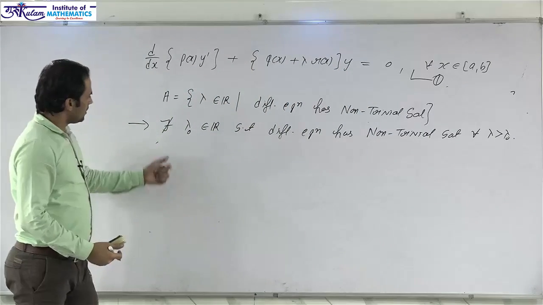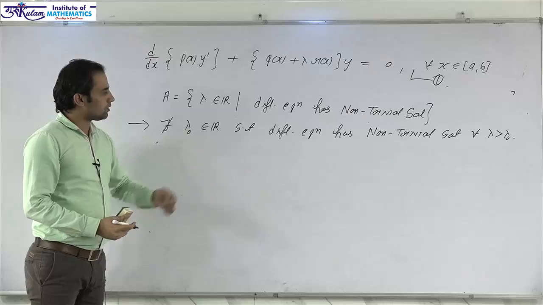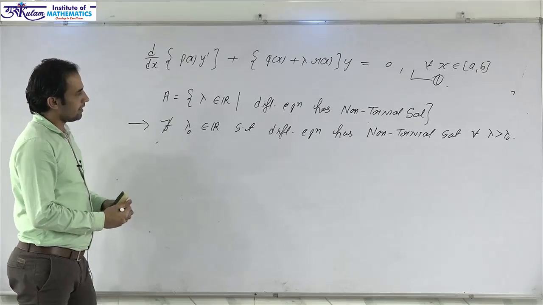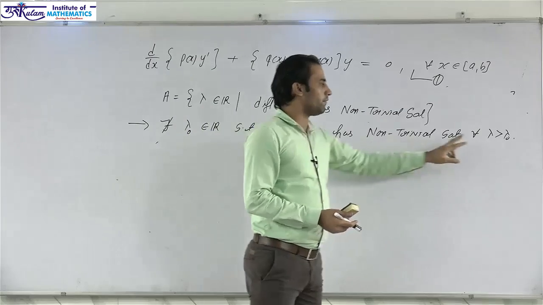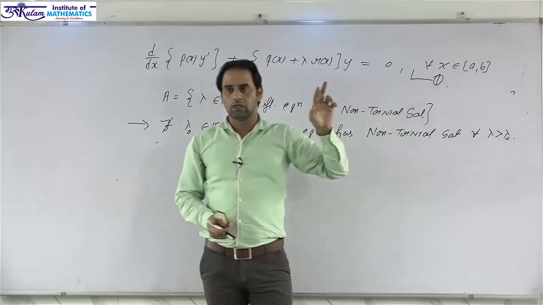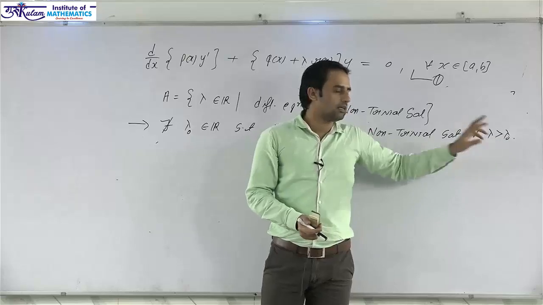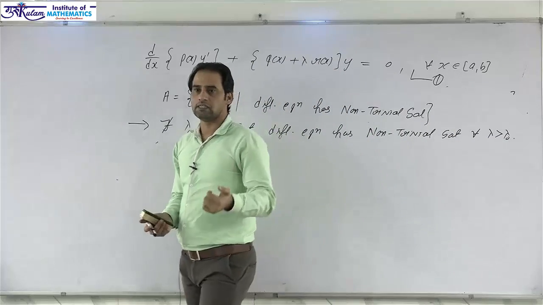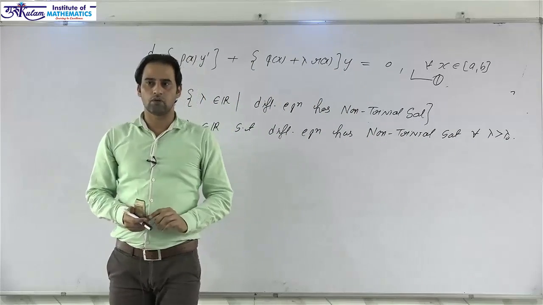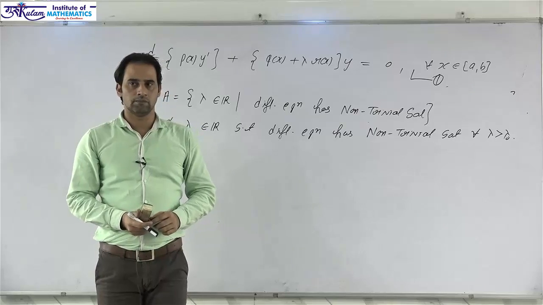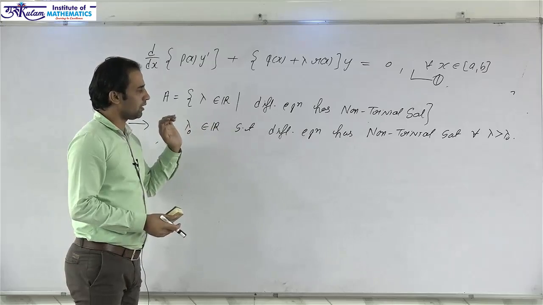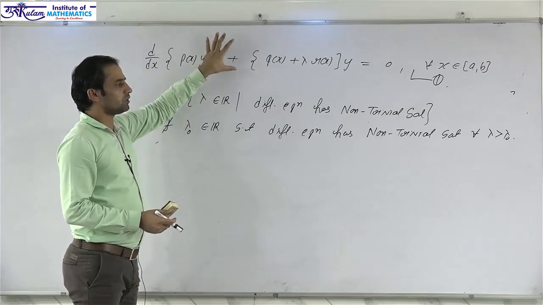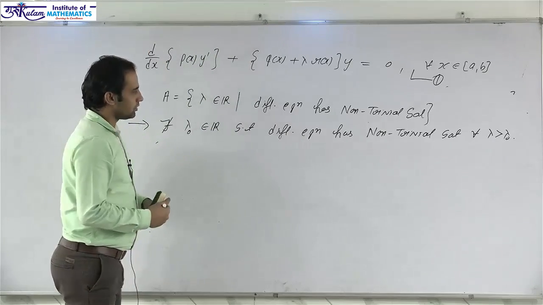If we assume that there exists such a lambda naught, it implies every lambda greater than lambda naught is an eigenvalue, which implies there are an uncountable number of eigenvalues, which is a contradiction. So, there does not exist any lambda naught belongs to R such that this differential equation has a non-trivial solution.